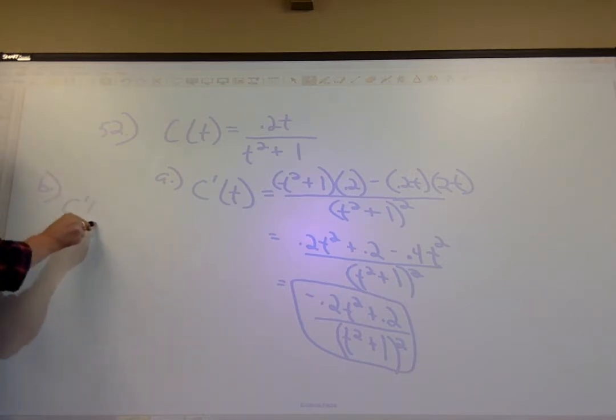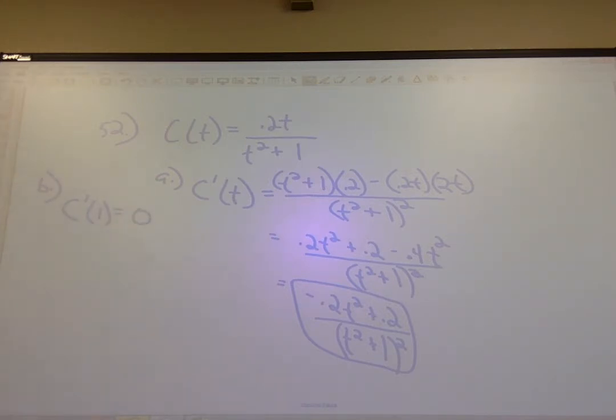After 1 hour, how fast is it changing? If I plug 1 in there, is that 0? Negative 0.2 plus 0.2? So after an hour, it's neither increasing nor decreasing, it's leveled off.